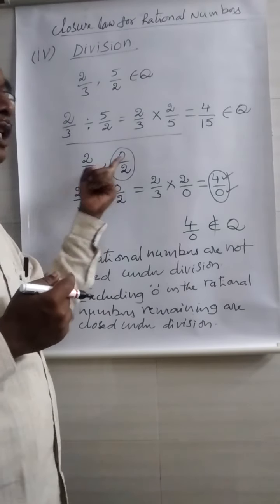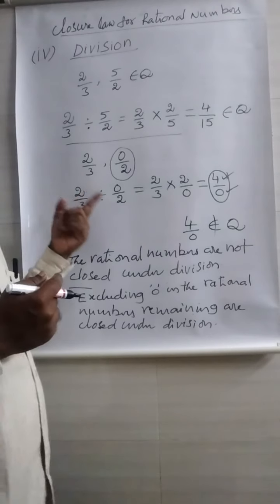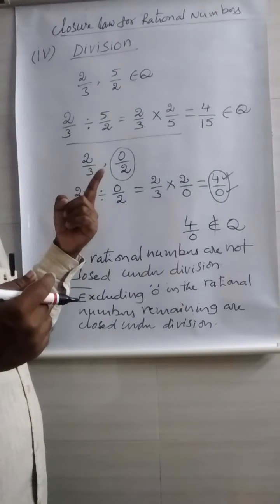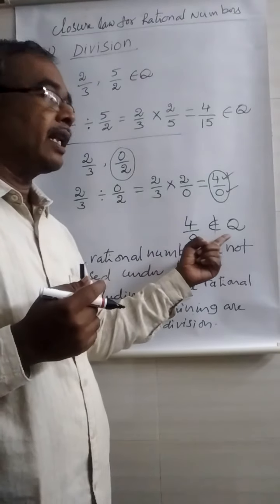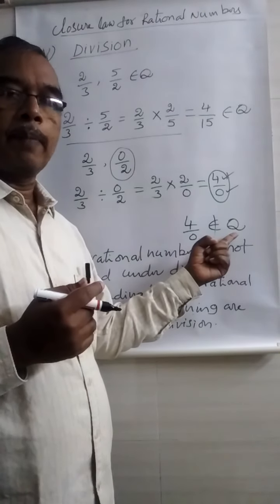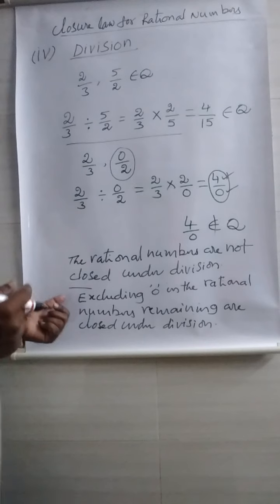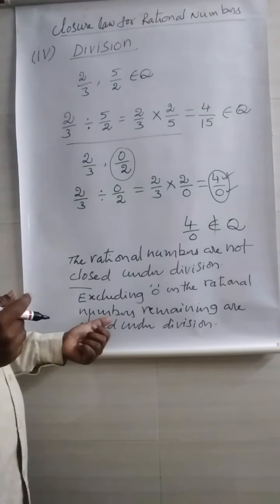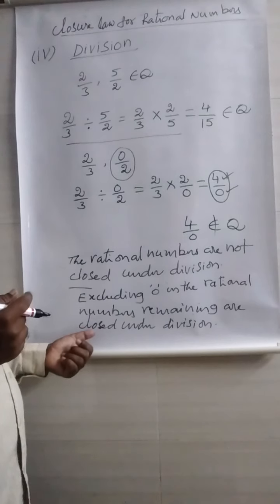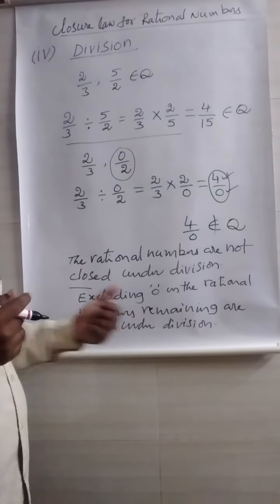That means when we take one number as 0 in the rational numbers, then it does not satisfy the closure property. Hence, we may conclude that excluding 0 in the rational numbers, the remaining are satisfied. That means closed under division.